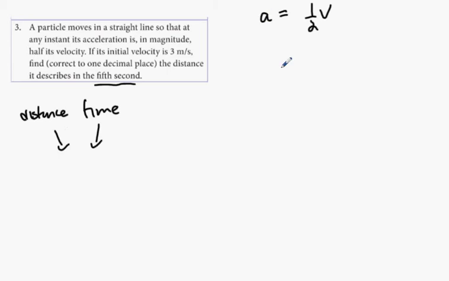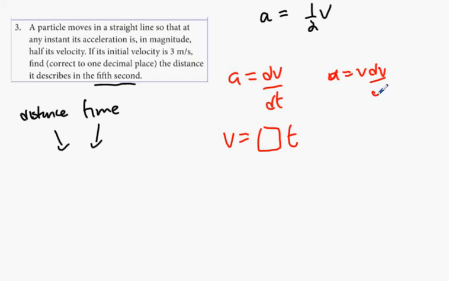If I use a equals v dv/ds, the v dv/ds one, what type of answer will that give me when I do it?